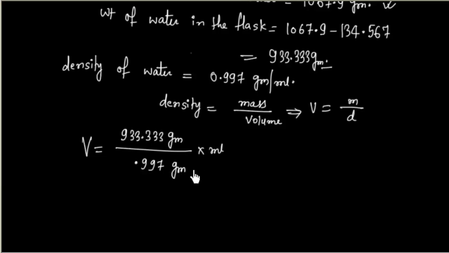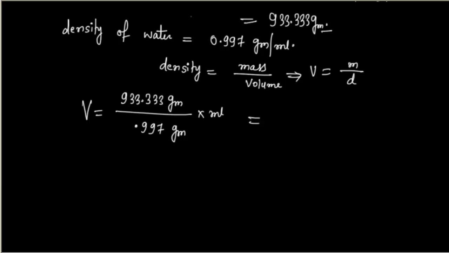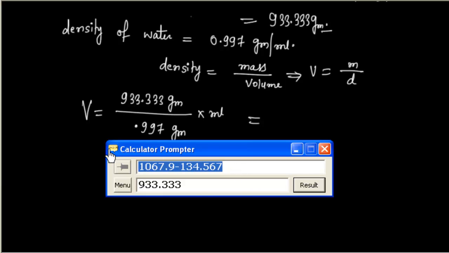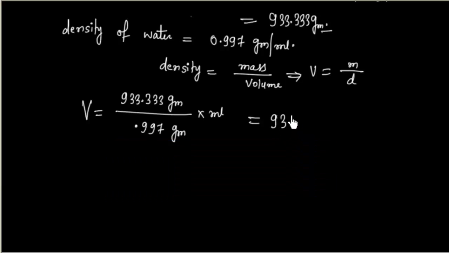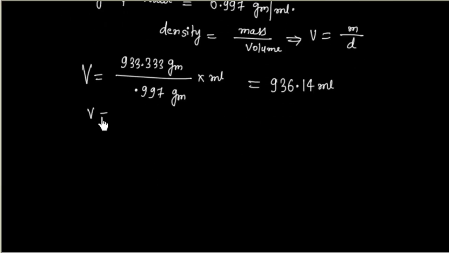So we will have volume in ml. 933.333 divided by 0.997 is 936.14 milliliter. So we can convert into liter. So volume is 0.93614 liter.